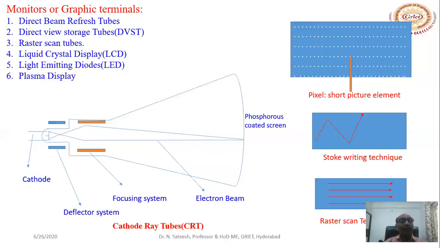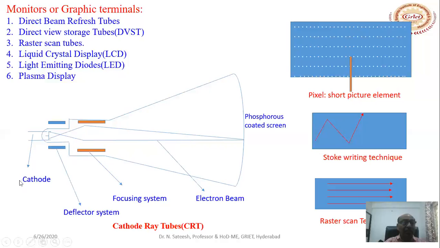Direct beam refresh tube is the old version tube used in black and white monitors. Before going to that, we will discuss the technology in CRT. This is the diagram of the CRT.